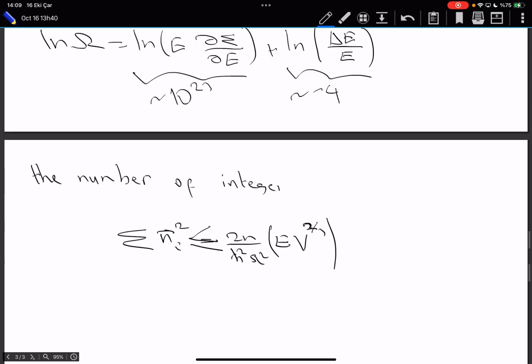Integer sets n1x, n1y, n1z, and n2x, up to nz. So these are the quantum numbers of my system. I want to calculate these 3n-tuples, which will satisfy this condition over here.